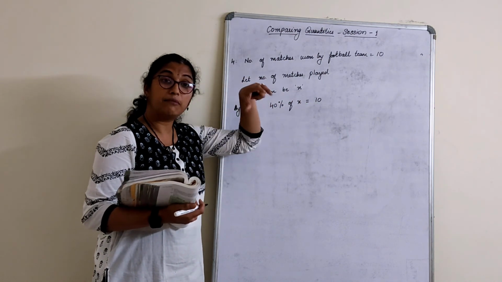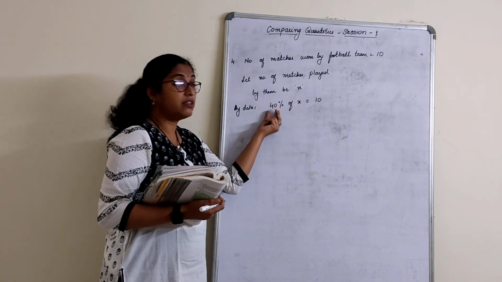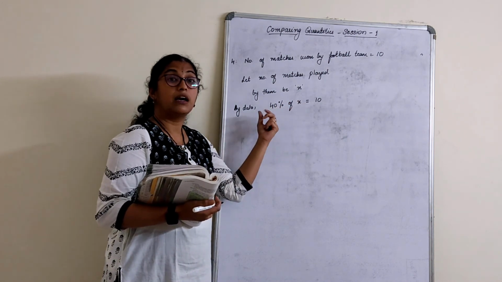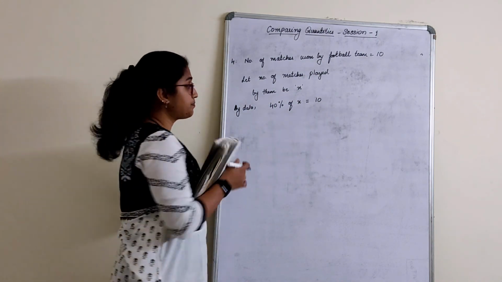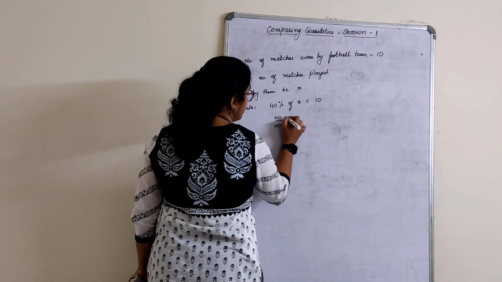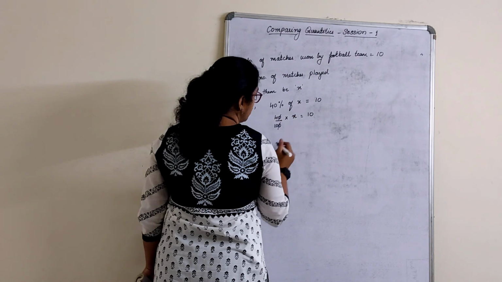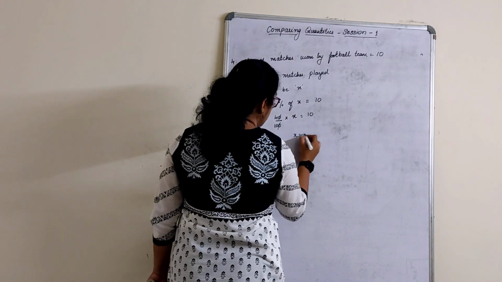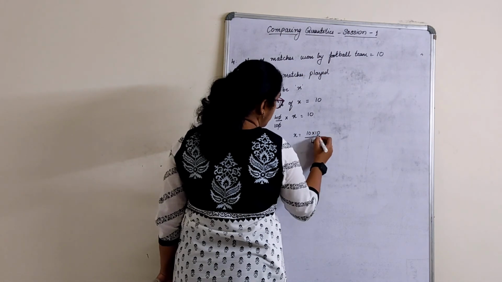We have to find the number of matches played, that is X. If they have played X matches, their win percentage was 40. How many did they win actually? 10 matches they won. Fine. 40 by 100 into X is equal to 10. So X is equal to 10 into 10 divided by 4.